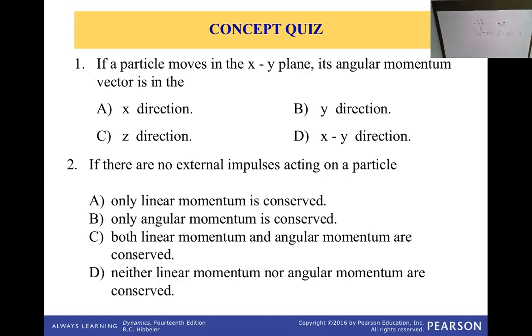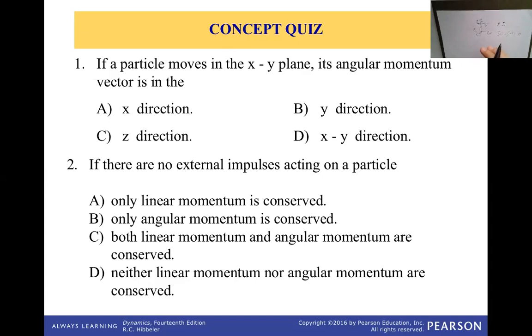If you give it impulse here and there, and the two add up to 0, then this hockey stick is going to rotate in this direction, clockwise. So this is what happens if you have a total impulse on the particle of 0.